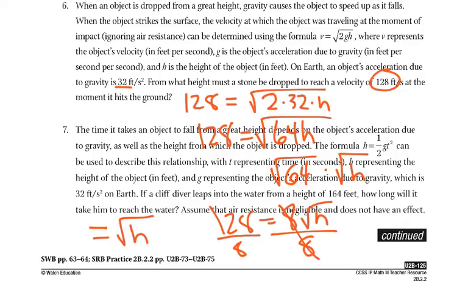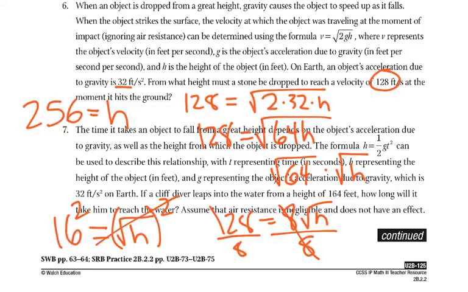So 128 divided by 8 is 16. That sounds about right. Then we square both sides, so we get h equals 16 squared, which is 256. So it would be 256 feet, the height.